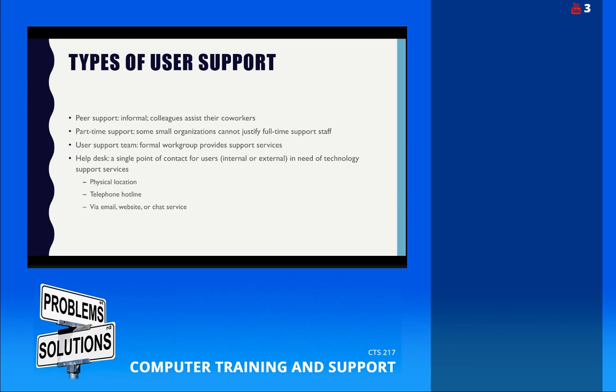Help desk is going to be your most often found type of user support job. And it's going to be the user support job that you're most likely going to enter into with a 2-year associate's degree trying to get into the IT industry. Doing some kind of help desk or computer user support or network support technician type of job.